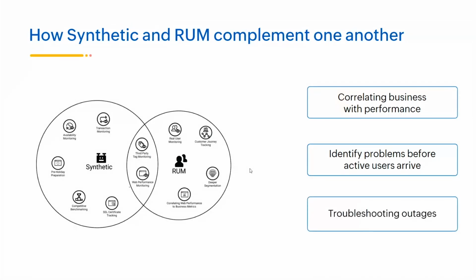Troubleshooting outages. Combining synthetic and RUM data can make troubleshooting quicker and easier. When the synthetic tests trigger an alert, the data gathered from the real user monitor will show you the real-time impact on the end user experience.